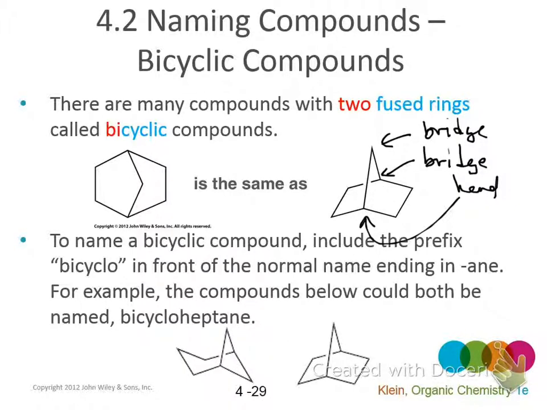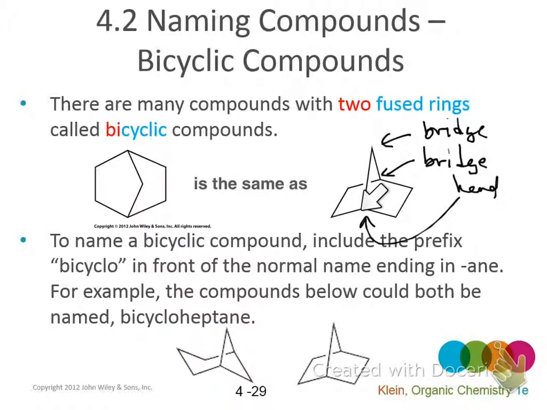So the way that we name these is we say it's bicyclo, but in addition to telling people it's bicyclo, we say how many carbons are in each path around the bridgeheads. So how many carbons are in this path going this way? There's 2, not including the bridgeheads, there's 2 carbons going from here to here to here to here.